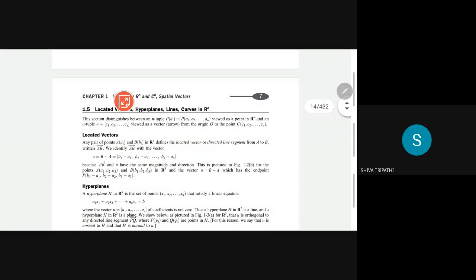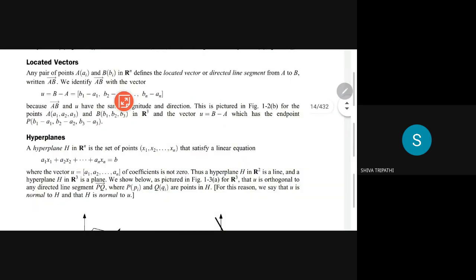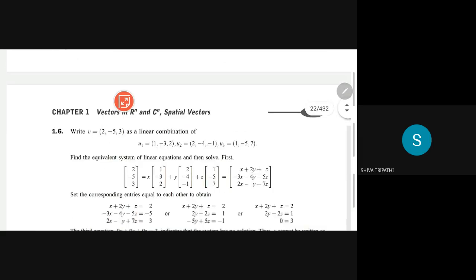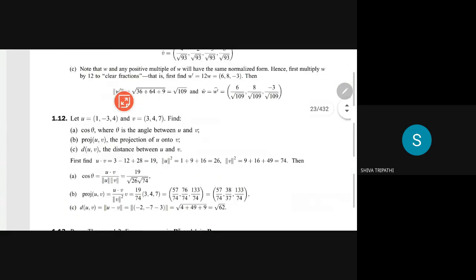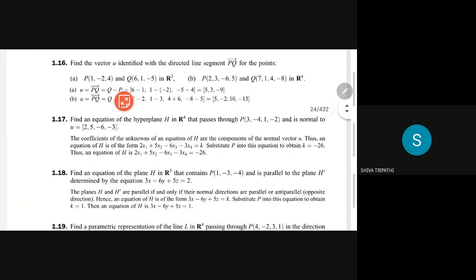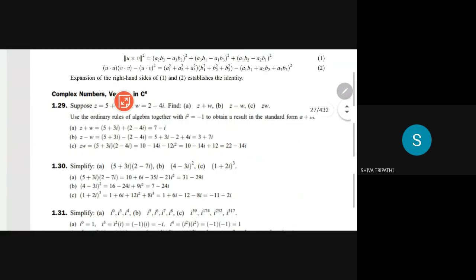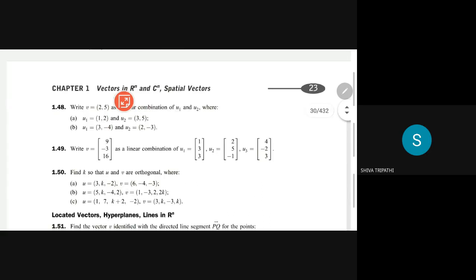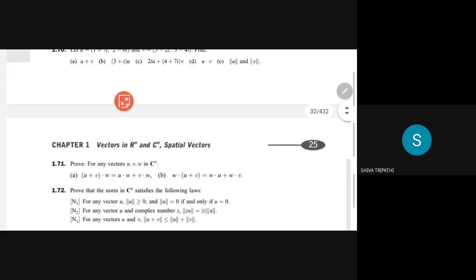I thought of including it in the PPT, but I had a doubt whether such questions will be asked or not. I told you 27, right? I'll scroll, don't worry. I will show where that question is, and then you can understand how you can study Schaum series.